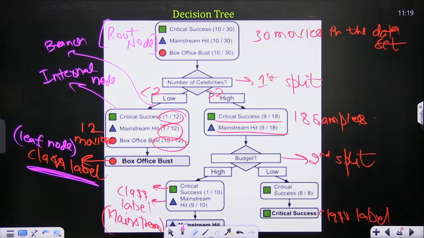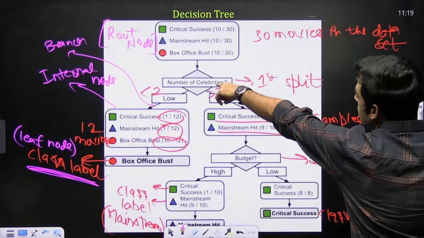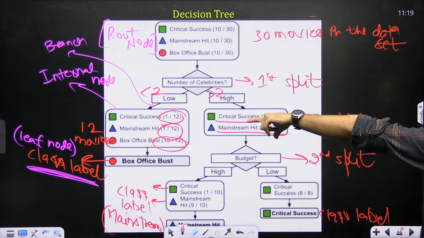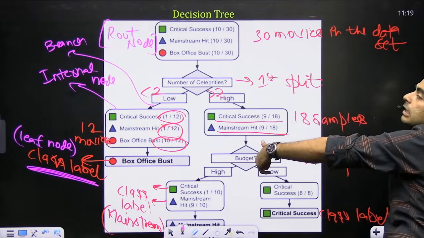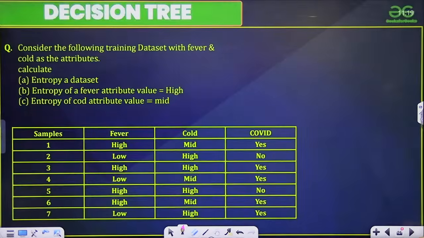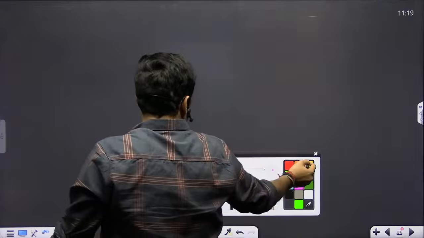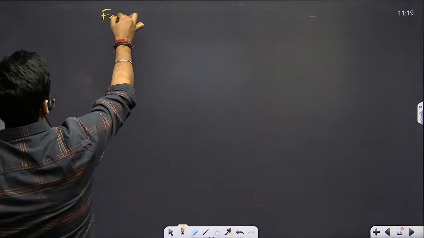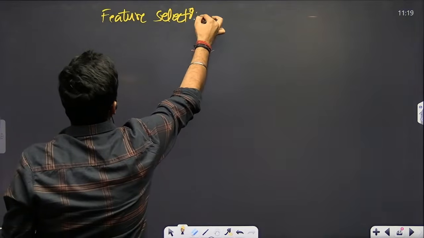Either I should split first along the number of celebrities, or first along the budget. So how to decide which feature to split along? The next topic would be feature selection.